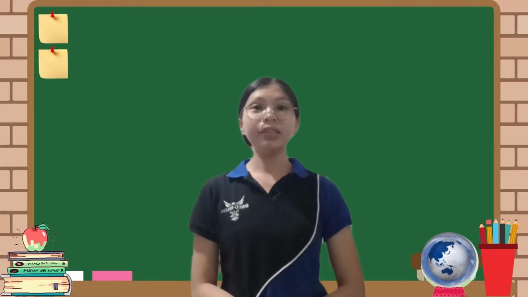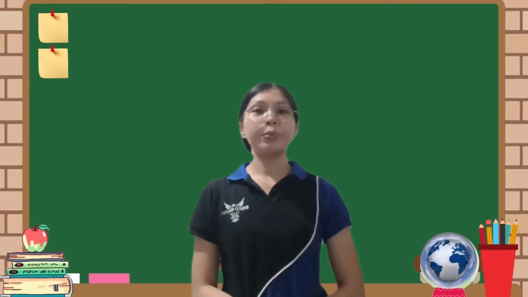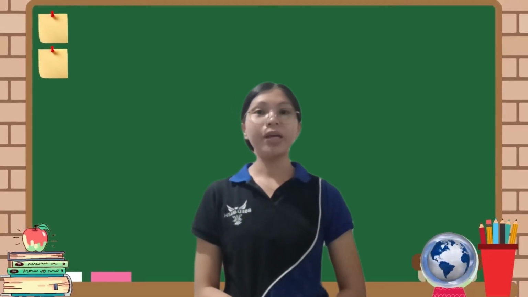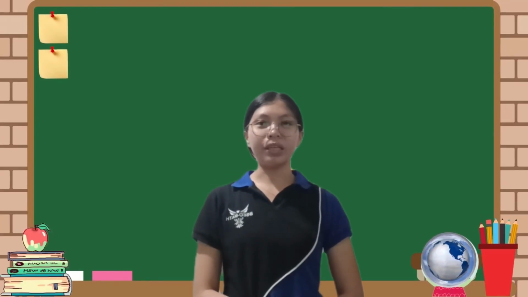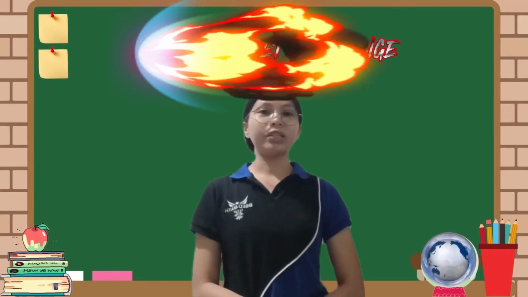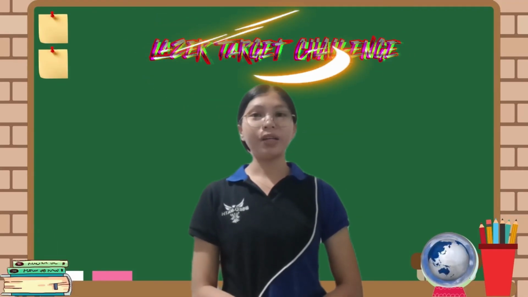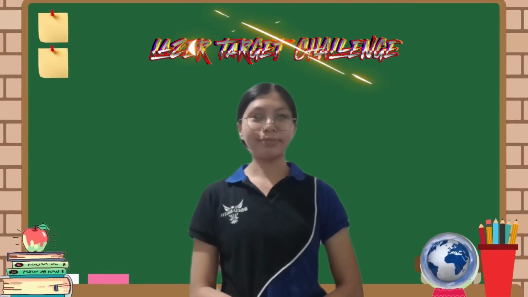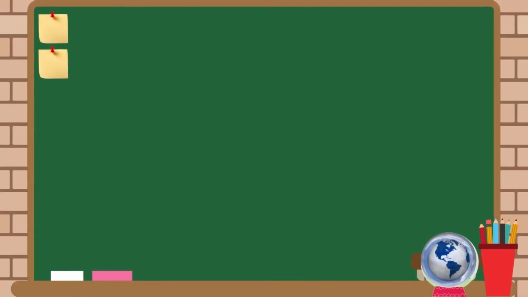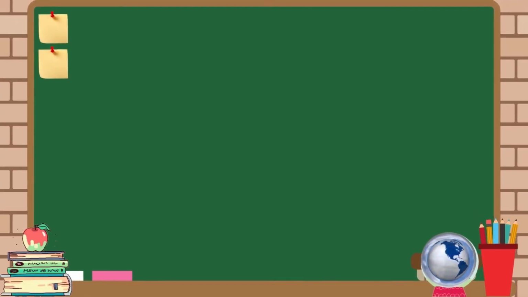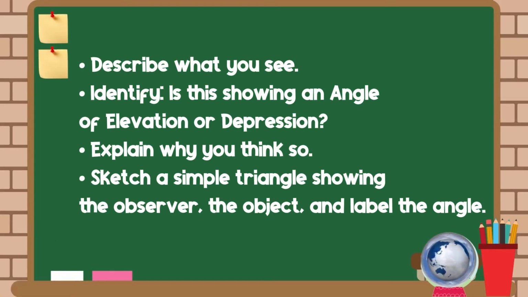To discover these angles ourselves, practice identifying them and learn to sketch them, we'll do a quick group activity, the Laser Target Challenge. I'll now divide you into 4 groups. Each group has a different picture. Your mission in 5 minutes is to describe what you see.